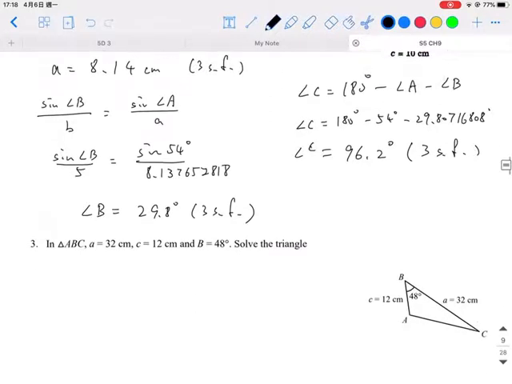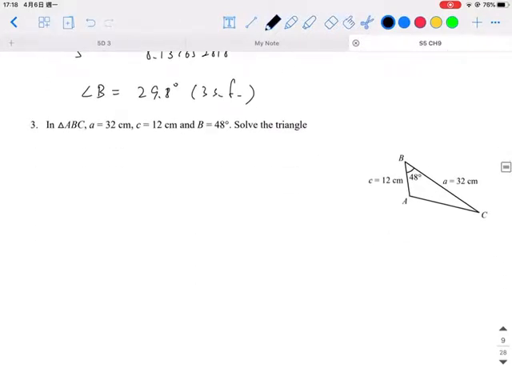Okay, so in question number 3, solve the triangle again. So first step, I try to find the value of this one first. Similar to the previous question, obviously this is SAS format, so therefore you can write down AC squared, which is equal to this.